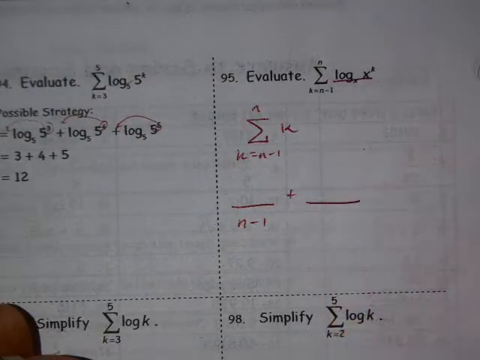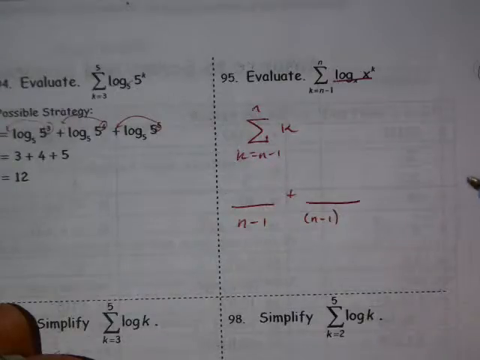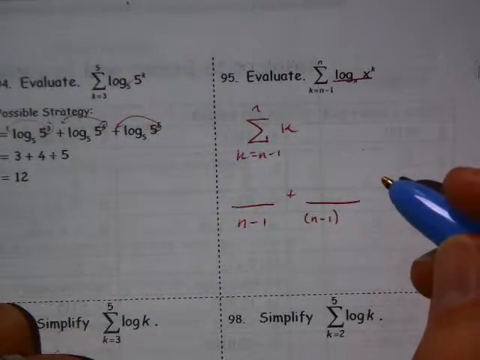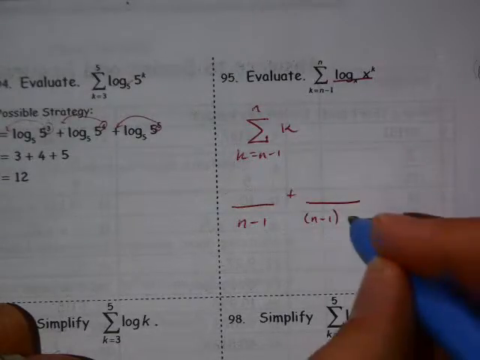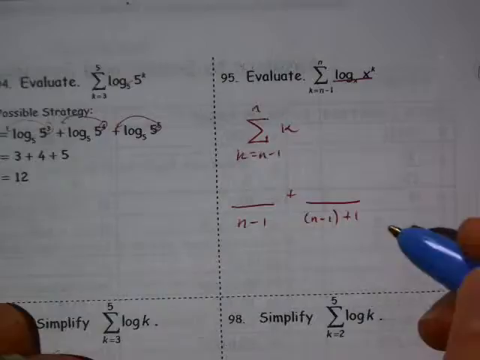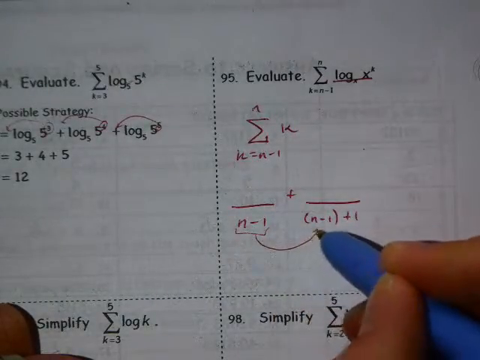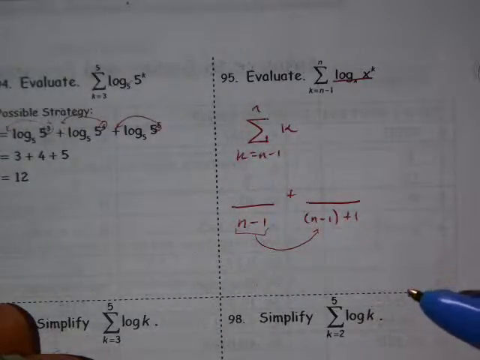What's our next blank going to be? It's the previous one plus 1. It's whatever this was, and then one more. So what's the one after 5?